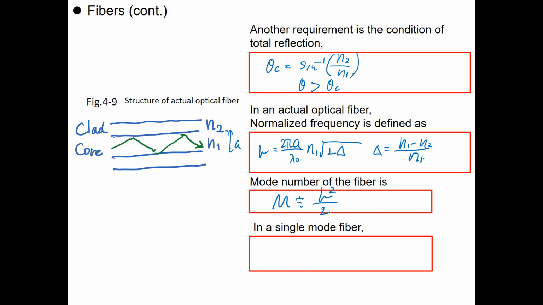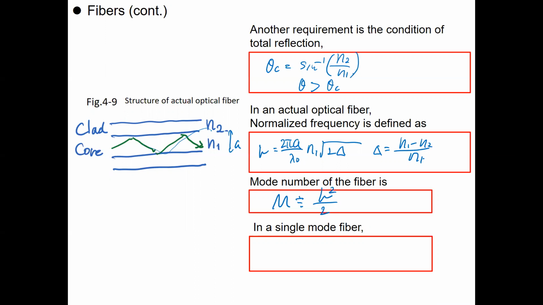And as I mentioned in the previous slide, if there are many modes, depending on the mode the travel time is different, because a mode difference indicates a different angle of reflection.